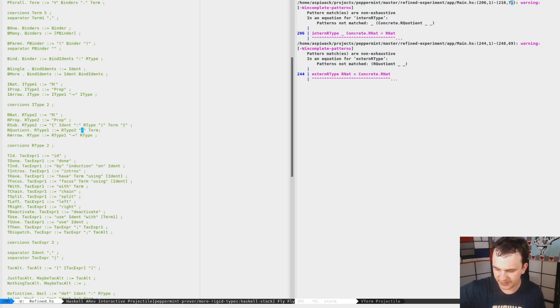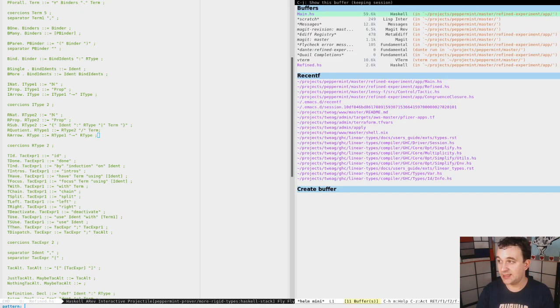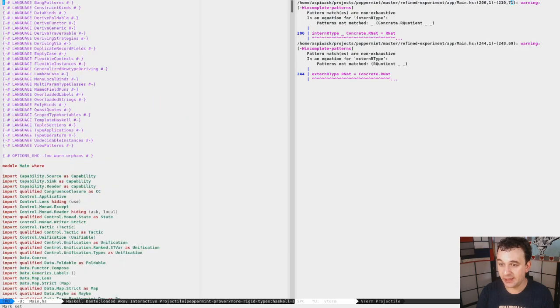I'm sure there is a Unicode symbol for this, I just don't have it handy. Okay, so now that we have a syntax, we'll finish main.